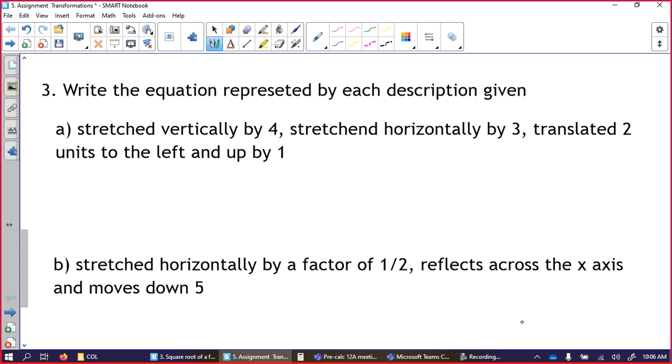Personally, I'm going to write a mapping rule first. If I say reflected across the x-axis, which coordinate changes, the x or the y? If the x coordinate originally is here, oh, that's a really crappy one because it's right on the axis. That was dumb.